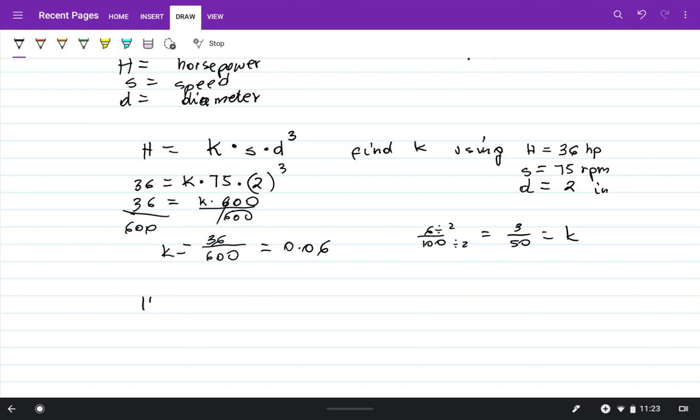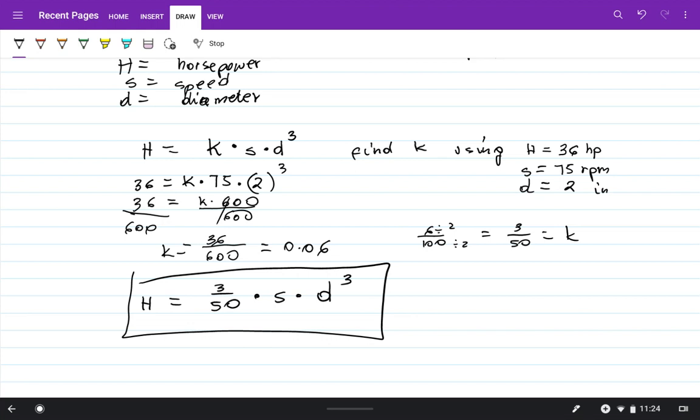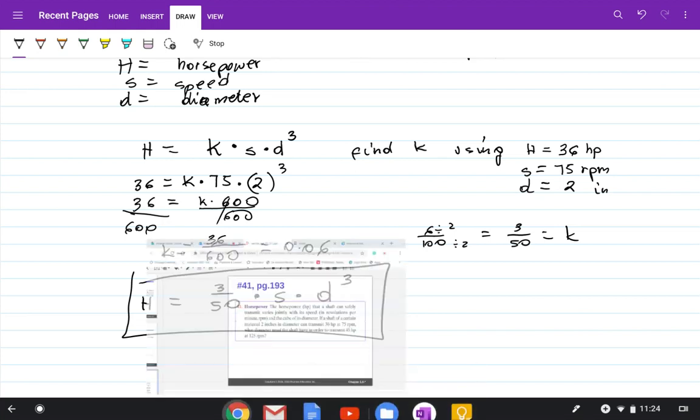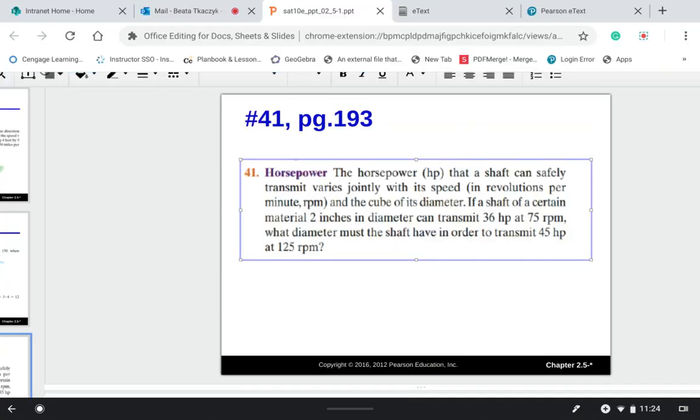So the formula will be H equals 3 over 50 times S times D to the third power. Okay, so that's the formula for this problem. We find K, and let's go back to the problem. Let's see what we need to find.